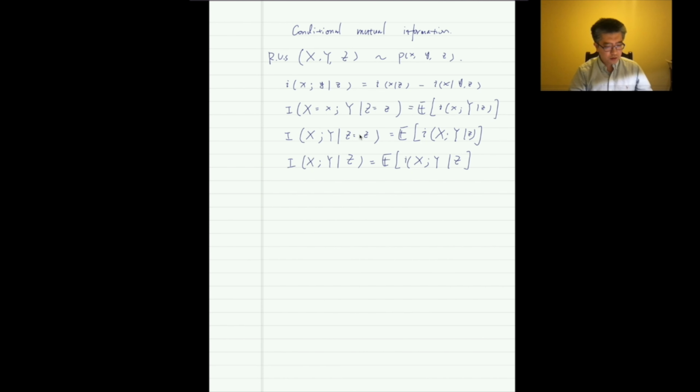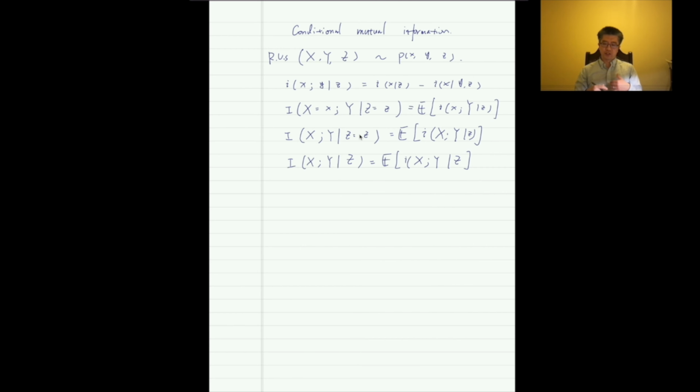All right, great. That'll be the end of today's class. Today we introduced the joint entropy and the corresponding joint self mutual information, then conditional entropy, conditional self information, then mutual information, conditional self mutual information, and lastly conditional mutual information.